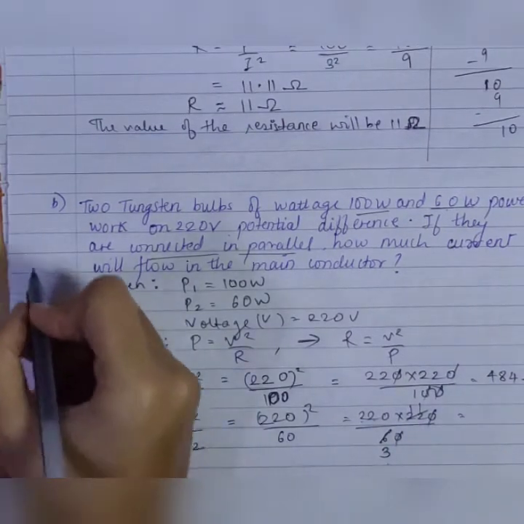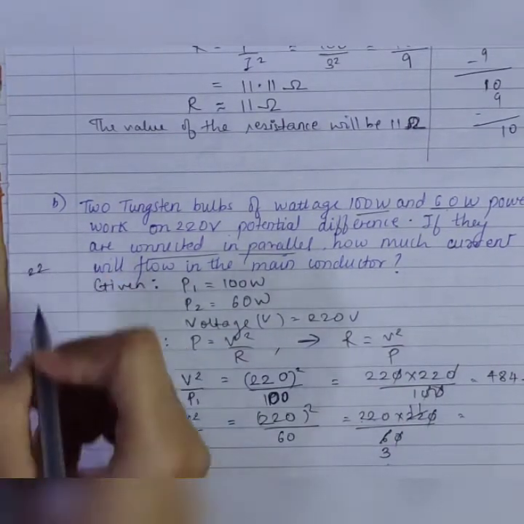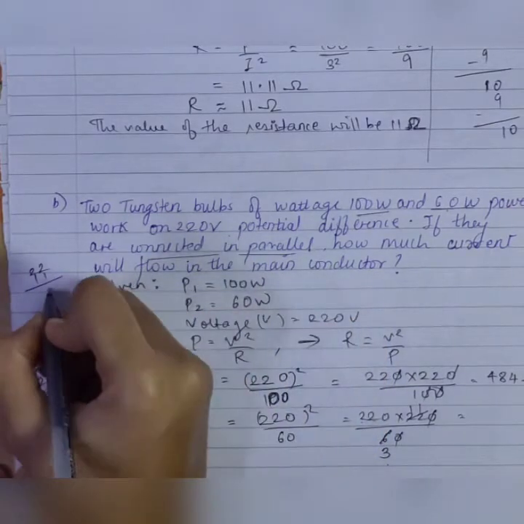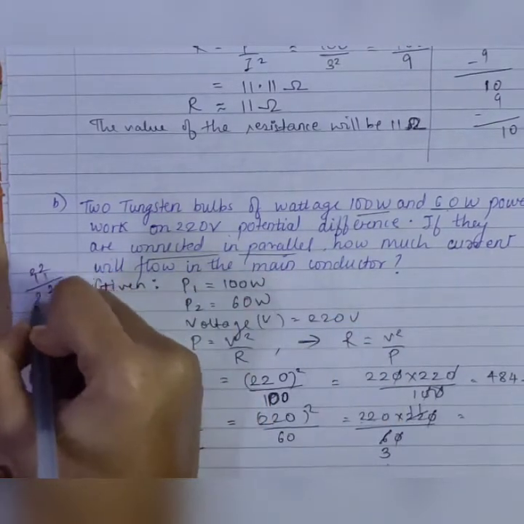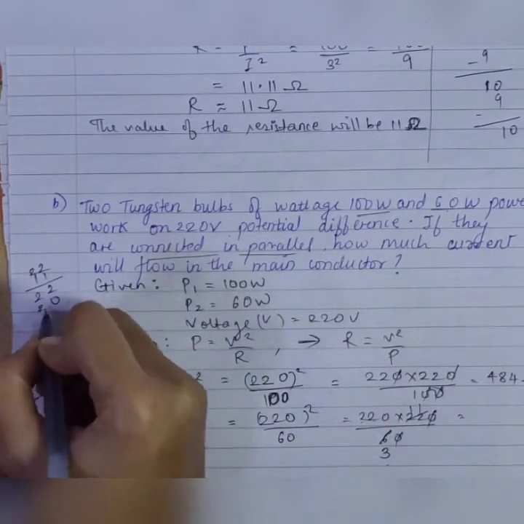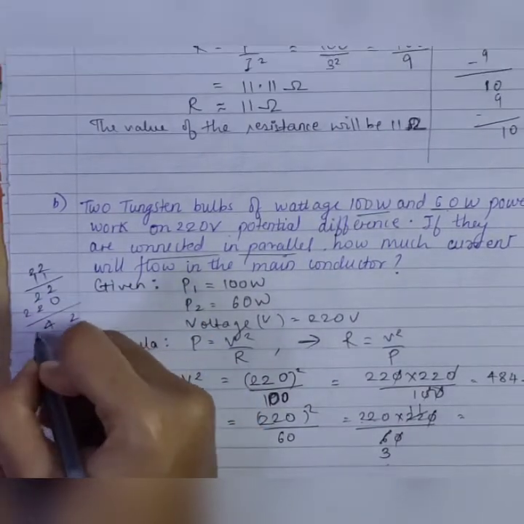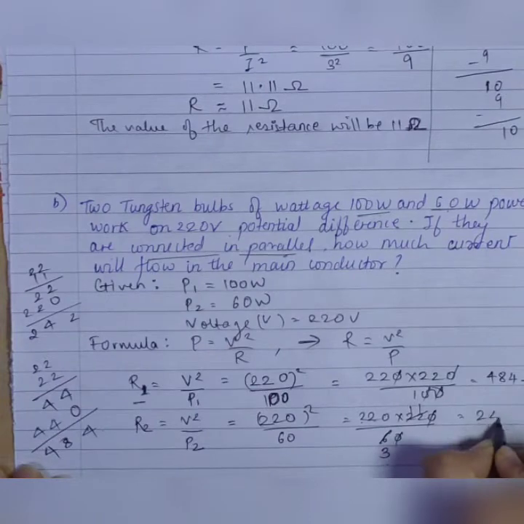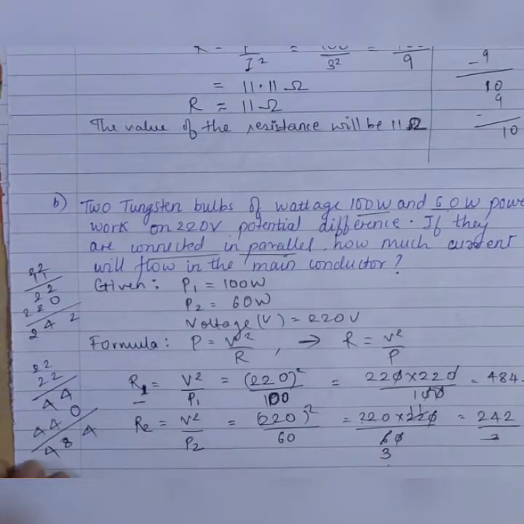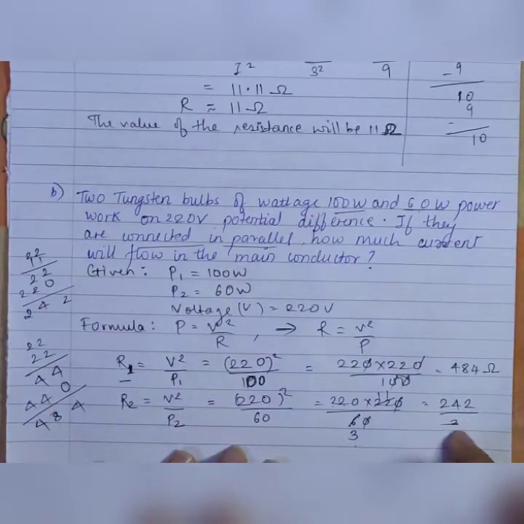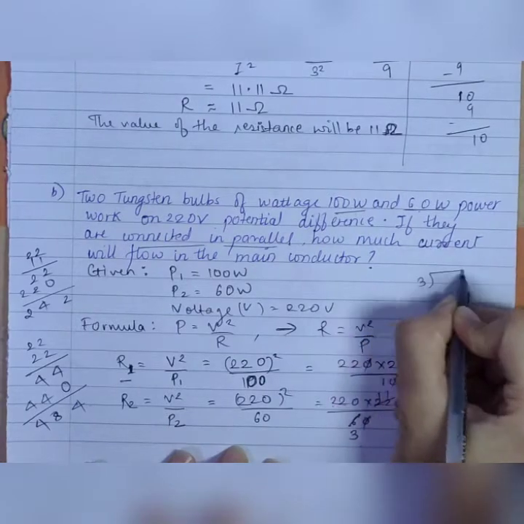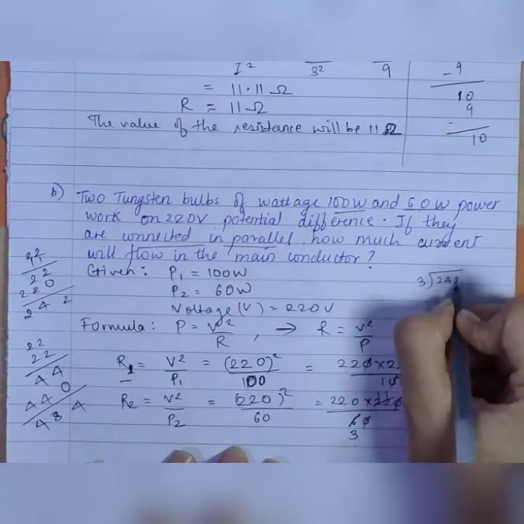So let's do that. 22 into 11: 2, again 2, 0, 2, 2. So after adding it will be 242. So this is 242 divided by 3.